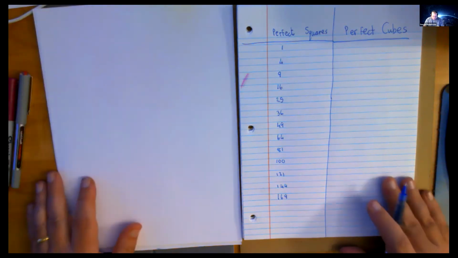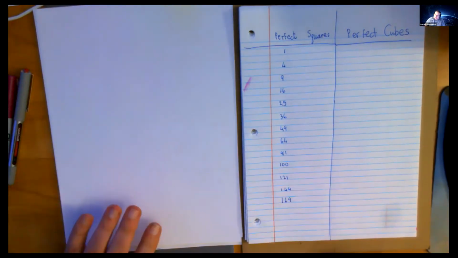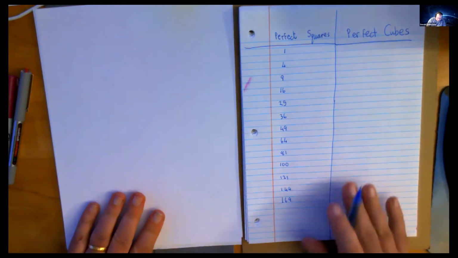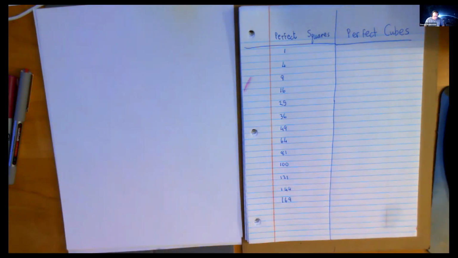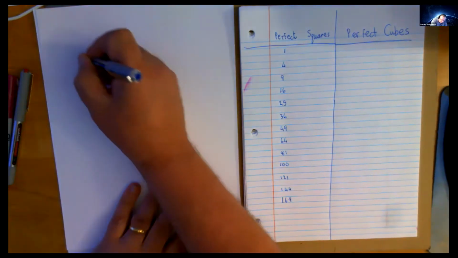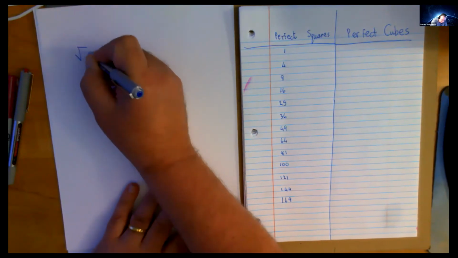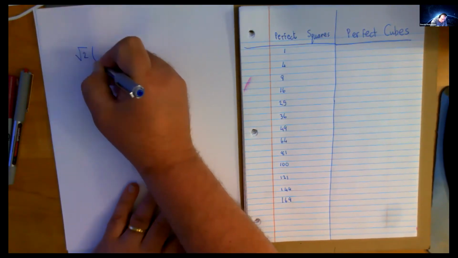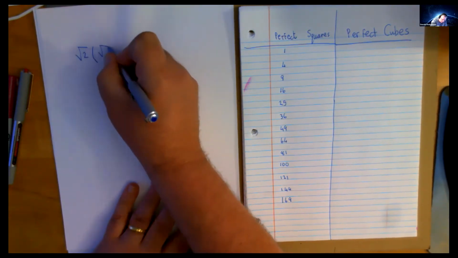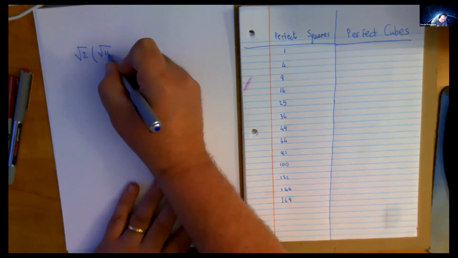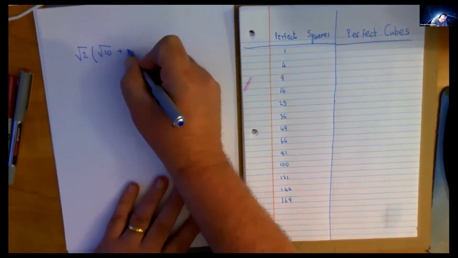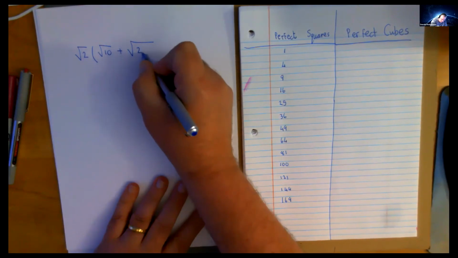So let's look at some examples of how that's going to happen. I'm going to start with numbers and then gradually get more and more complicated. So suppose you had the square root of 2 and you wanted to multiply it by the square root of 10 plus the square root of 20.